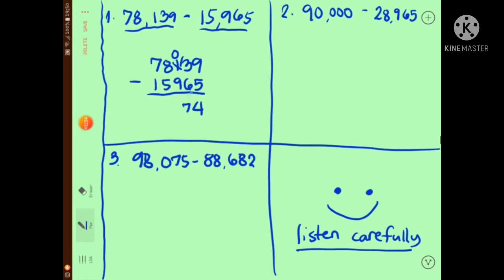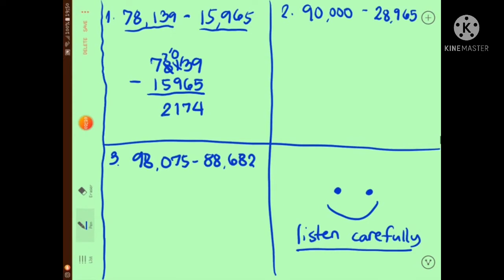0 minus 9. Can or cannot? Cannot. Right? So we will borrow from 8. 8 will become 7. And then 0 will become 10. Okay? So 10 minus 9 is 1. 7 minus 5 is 2.